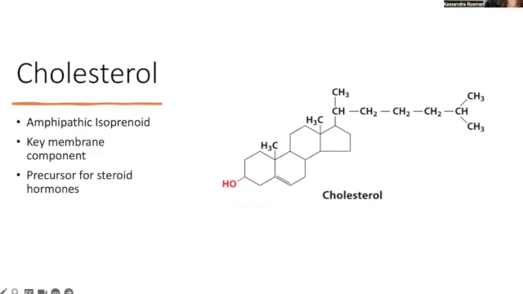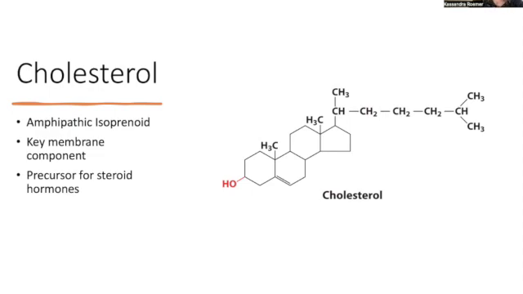Next, we have cholesterol, which is an amphipathic isoprenoid. It also has that fused ring structure right here, so similar to the steroid structure before. So cholesterol is a sort of steroid. It is a key membrane component, actually, and is a precursor for steroid hormones.